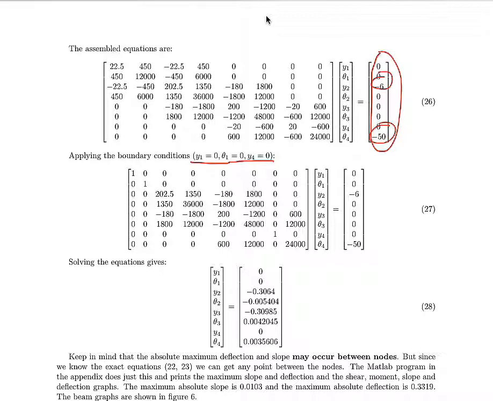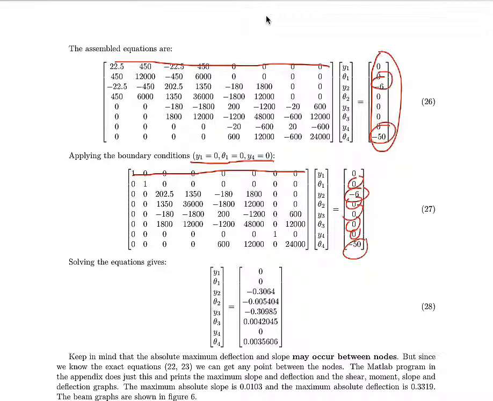So when we have y1 equals 0, as we learned, then we take the entire row and replace it with another row that starts with 1, everything else is 0, and modify the load vector everywhere with the stiffness. But luckily, because it's y equals 0, the force vector does not change.